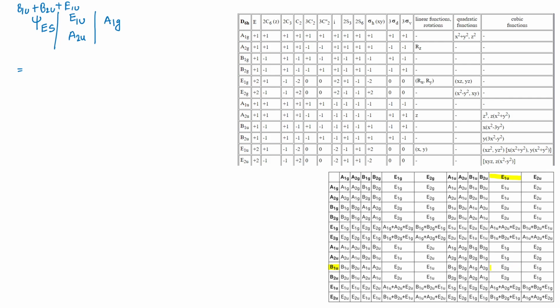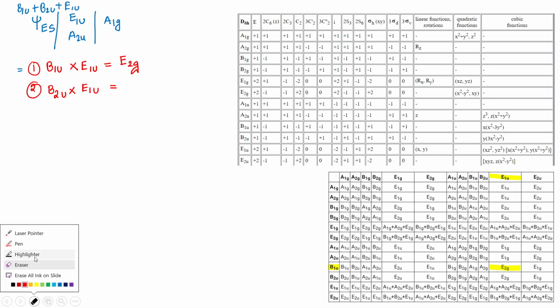Okay, so B1U into E1U is giving me E2G. Now we have B2U into E1U, B2U into E1U giving me the same E2G.